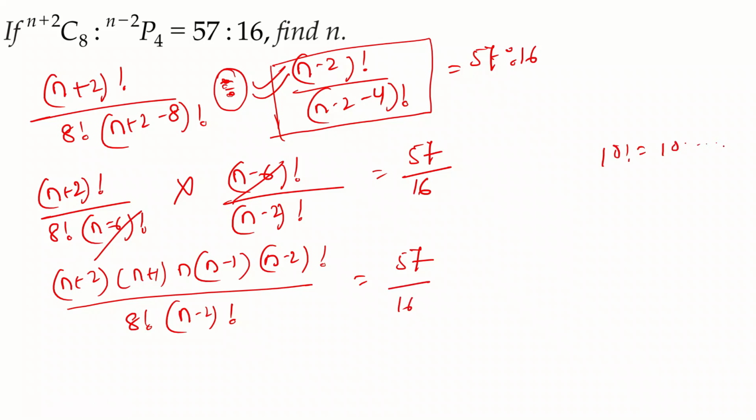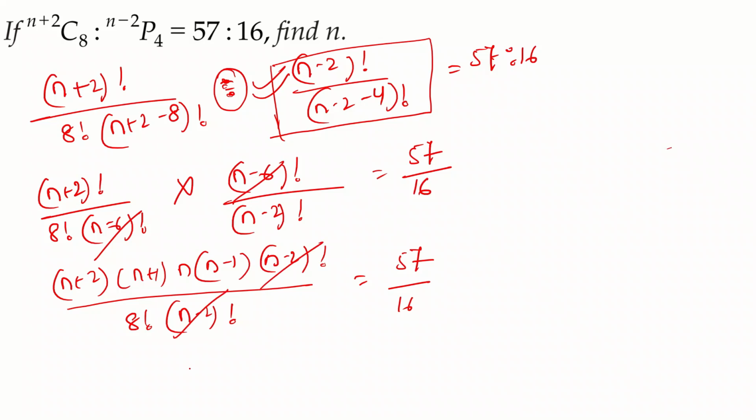We can go any number of steps and then write down 5!. So 10 times 9 times 8 times 7 times 6 times 5!. We can expand it like that because 5! is 5 into 4 into 3 into 2 into 1, so that is contained inside 5!. So you can write it any way you want. This is what we have used over here. For (n+2) we go on subtracting, and then we can just stop subtracting and put down the factorial. This is the advantage of doing that.